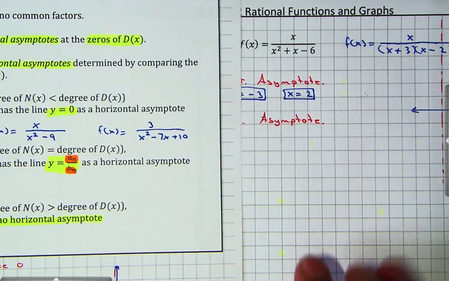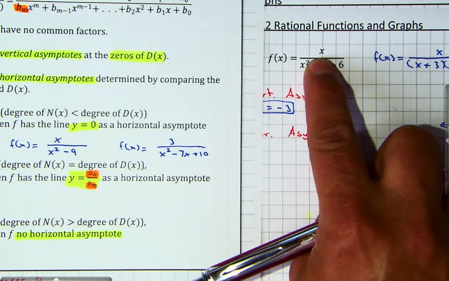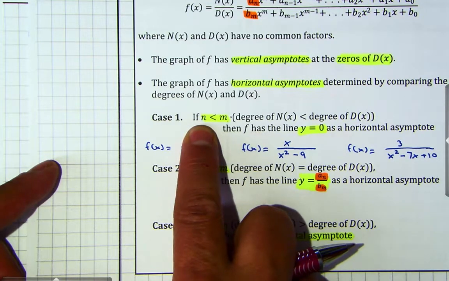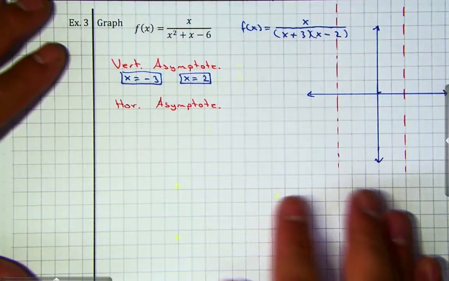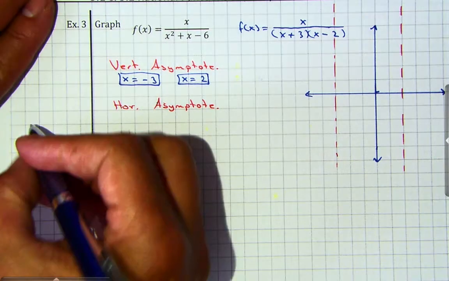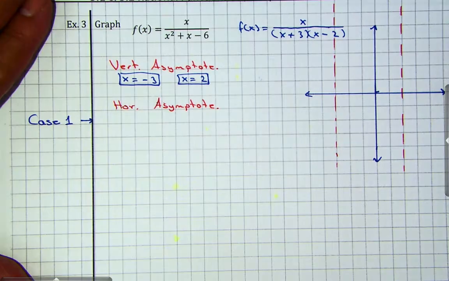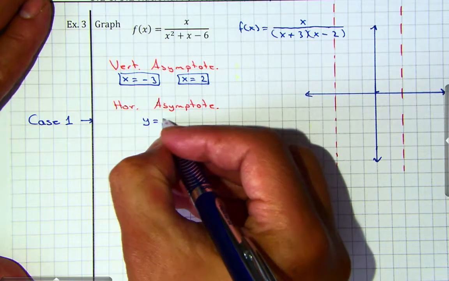The degree of the numerator polynomial is 1. The degree of your denominator is 2. So therefore, we're in case 1. Your numerator has a smaller degree than your denominator. So if it's case 1, your horizontal asymptote will be y equals 0.